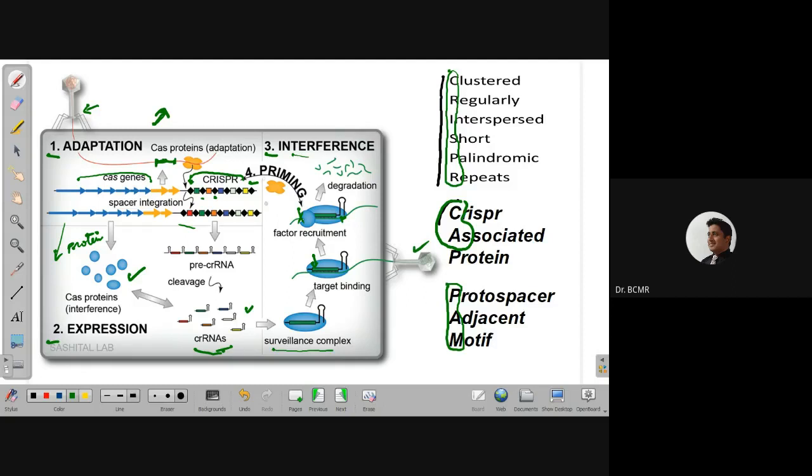There is the 4th step, priming. As it is being cleaved, more and more phage sequences can be taken and put into the CRISPR region. So you might eventually have multiple CRISPR RNAs targeting the same target sequence on the phage genome.